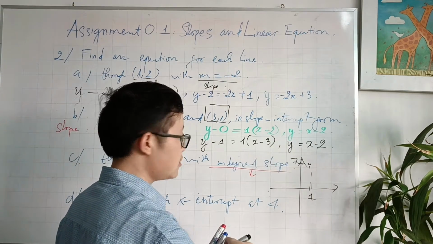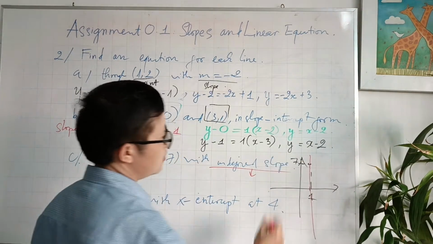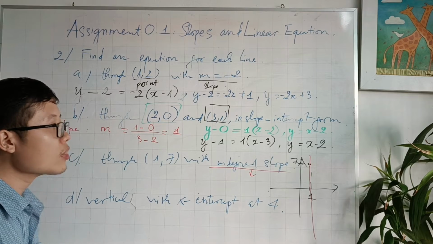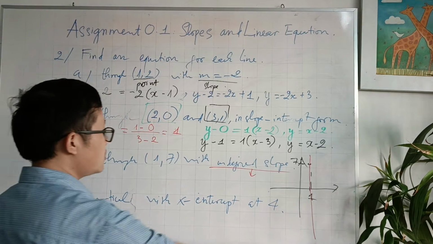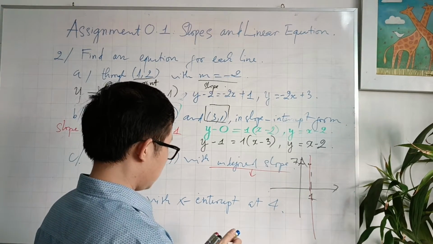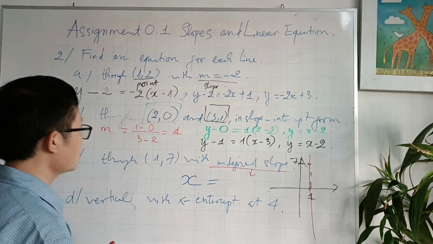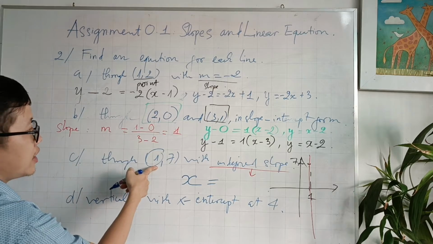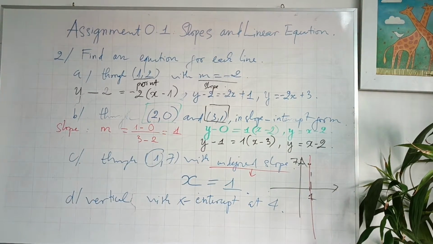So our line here is this one. And the equation of this line is x equals the x coordinate of the point, 1. Very easy, but maybe it can be confusing.